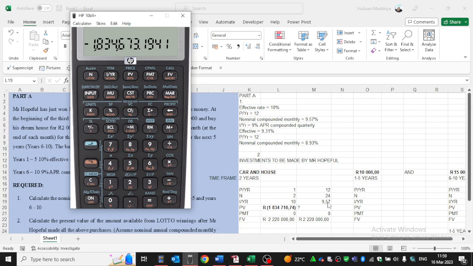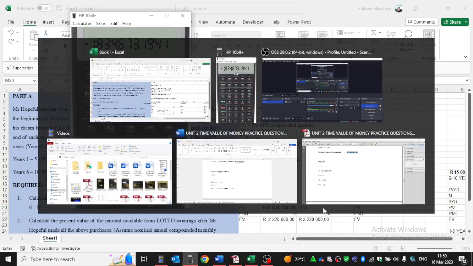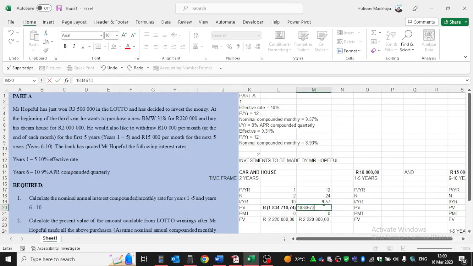But if you round this off to the nearest percentage, to say 9.5 and 10%, the amount here can go up to even a difference of 500, which will still be within the same range of the price that you'll spend at the beginning of year zero. So here we have the one calculated from the interest rate compounded monthly to be 1,834,673.19.